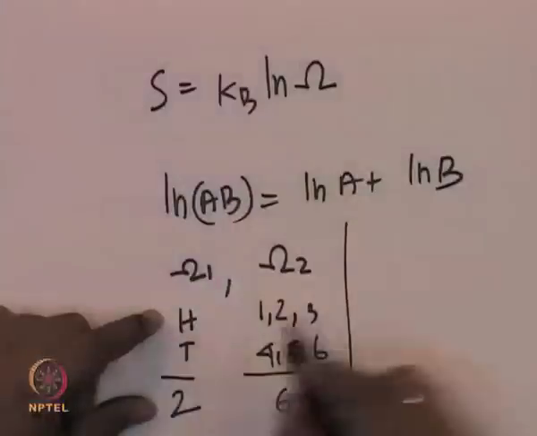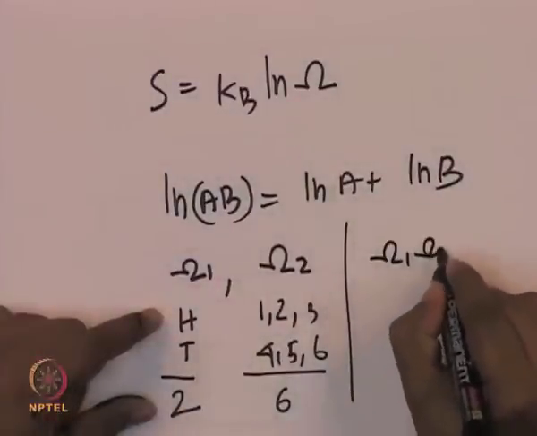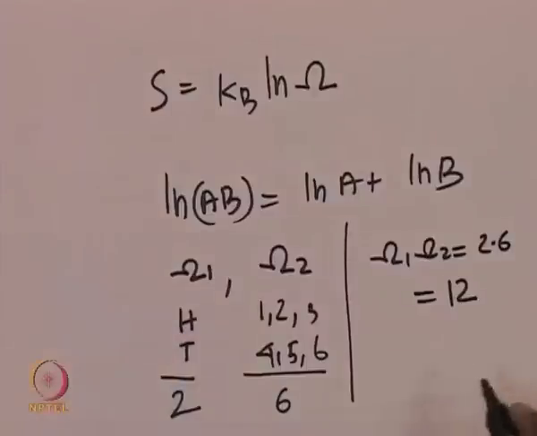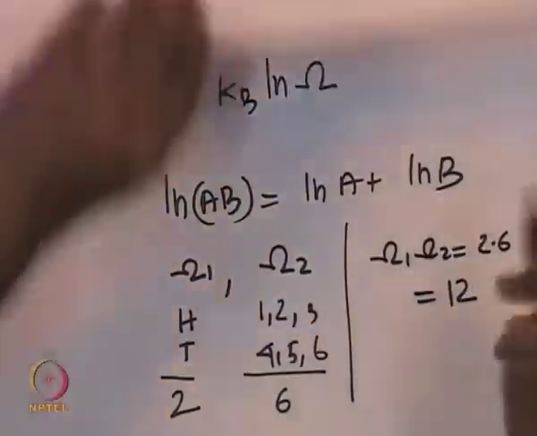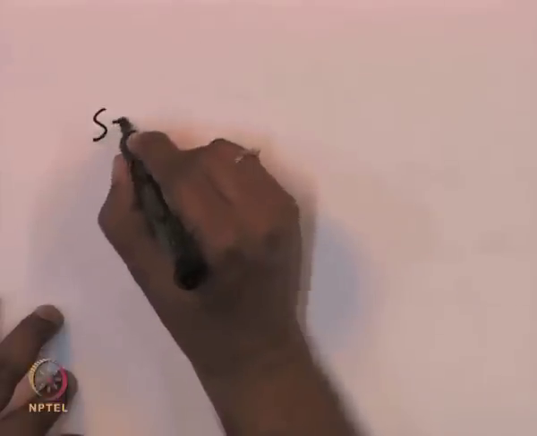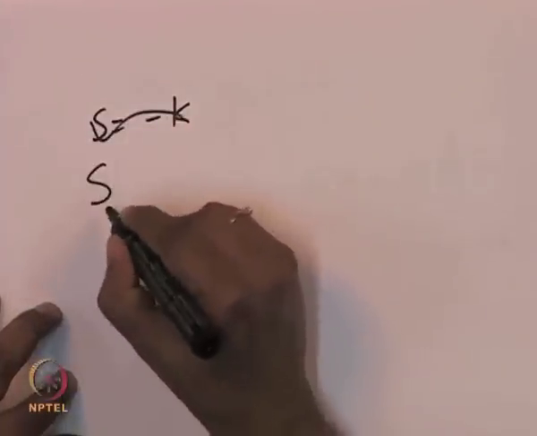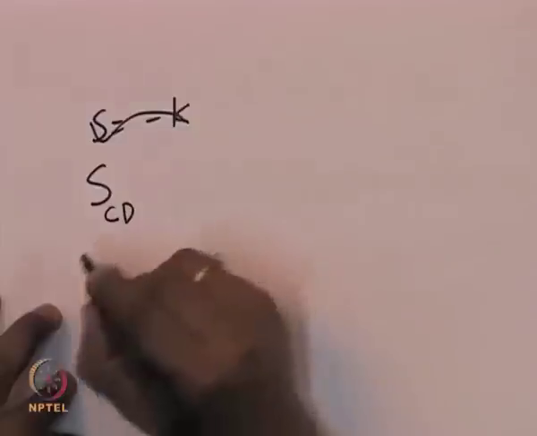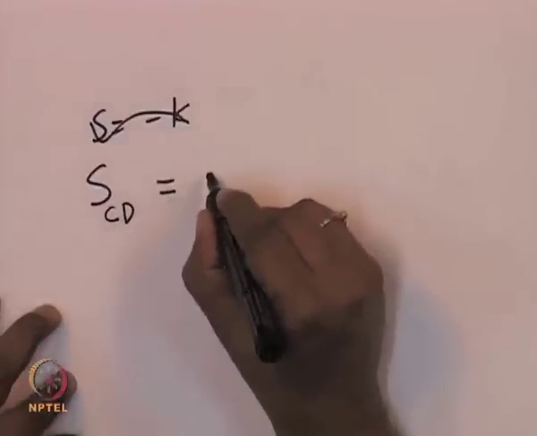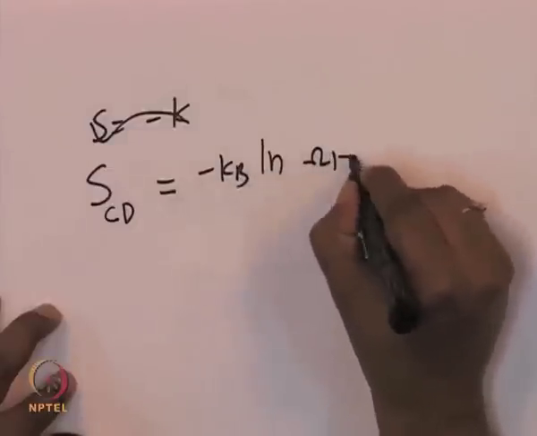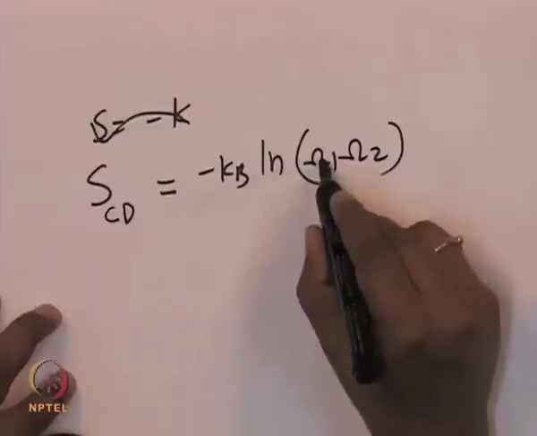The total number of states will be Ω1 times Ω2, which is 2 into 6, so 12 states. Now, the total entropy of this system together will be the sum of the entropies. So, S of the coin and die, let me write, is kB log Ω1Ω2, which is 2 into 6.